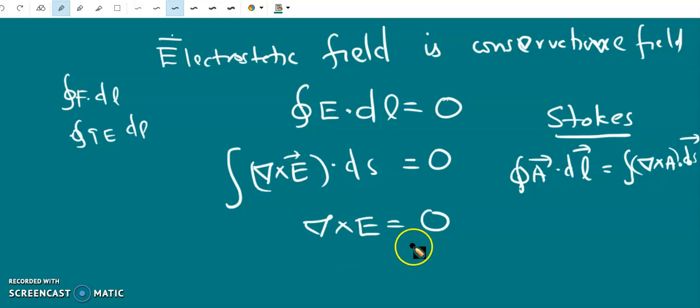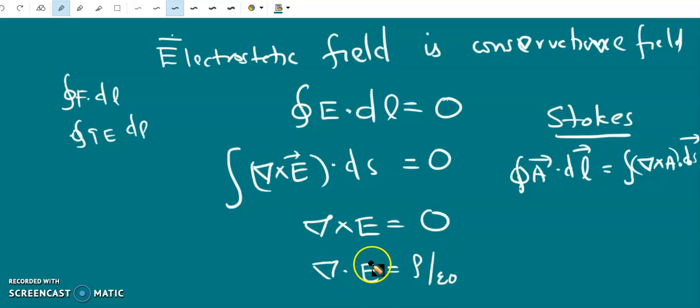So ഇതിനെ നമ്മളൊരു മാക്സ്വെൽ ഇക്വേഷൻ എന്ന് വിളിക്കില്ല, കാരണം ഡൈനമിക് ഫീൽഡിൽ ഇത് ട്രൂ അല്ല, ഇതിന് ചെറിയ ചേഞ്ച് ഉണ്ട്. പക്ഷെ ഫസ്റ്റ് ഇക്വേഷൻ നമ്മൾ ഡെൽ ഡോട്ട് E എഴുതിയത് ഡൈവേർജൻസ് ഓഫ് ദി ഇലക്ട്രോസ്റ്റാറ്റിക് ഫീൽഡ്, del dot E is equal to rho by epsilon 0, is true for both static and dynamic case, and therefore it is called one of the Maxwell equations.